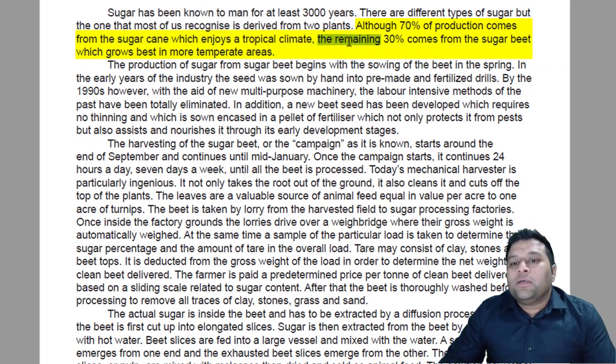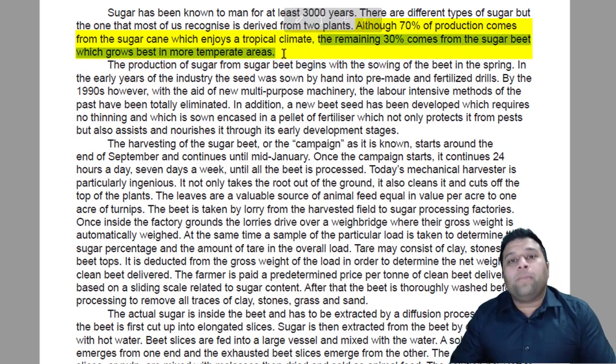And then they're saying the remaining 30% comes from sugar beet, which grows the best in temperate areas. For example, guys, if I say Sumit teaches reading the best, does that mean Sumit doesn't know how to teach writing? No. Does that mean Sumit knows how to teach writing? No. I'm not even talking about writing, right? So the answer is not given.